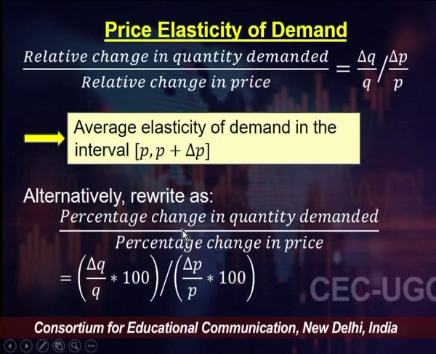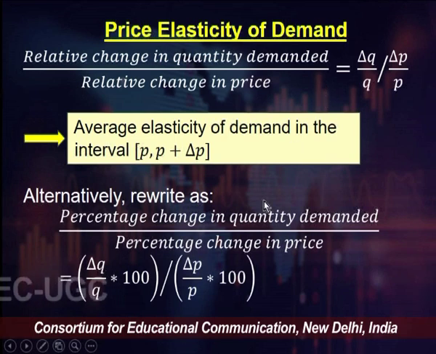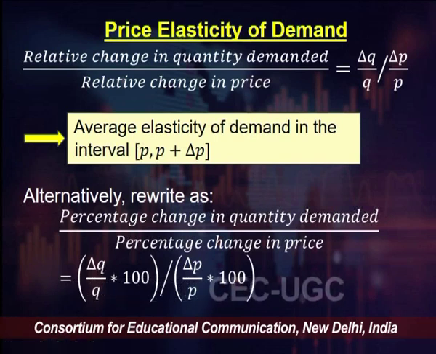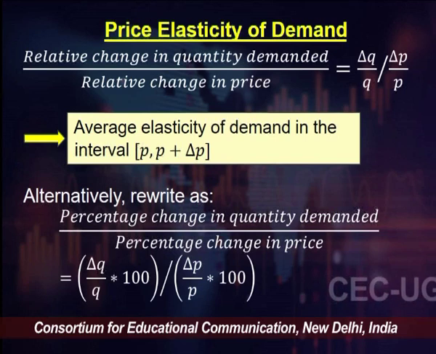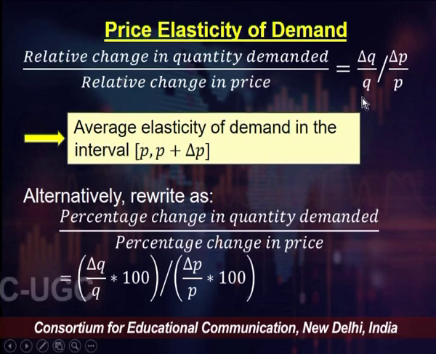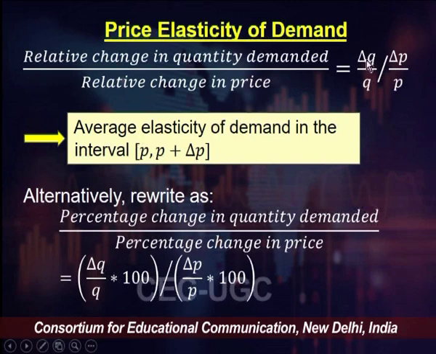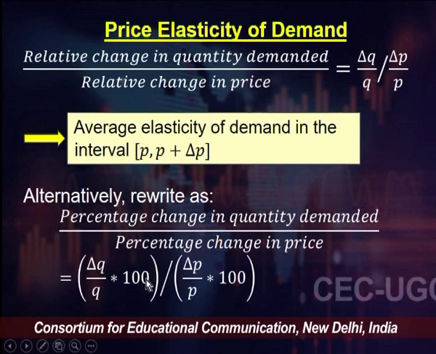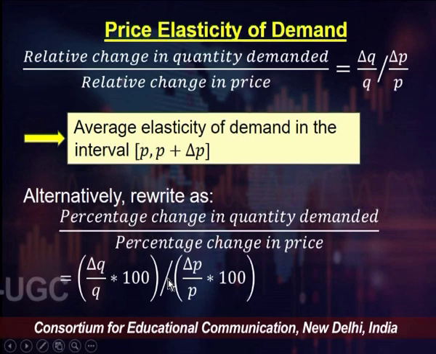Alternatively, we can make a slight adjustment to this ratio and rewrite elasticity as the percentage change in quantity demanded divided by the percentage change in price. That simply means I multiply both the numerator and the denominator in the expression on top by 100, and once I multiply the relative changes by 100, I get the percentage change.